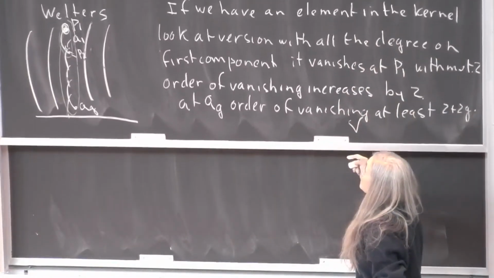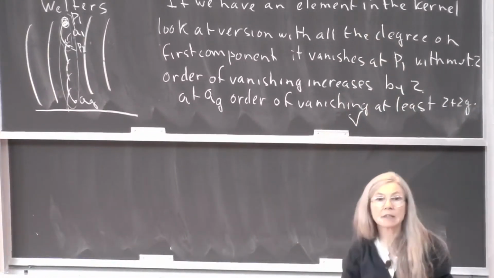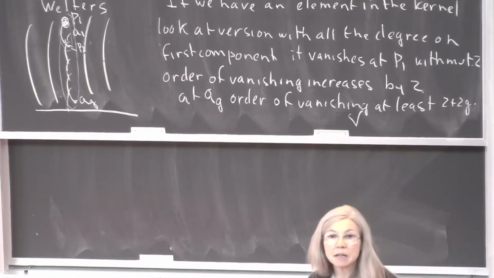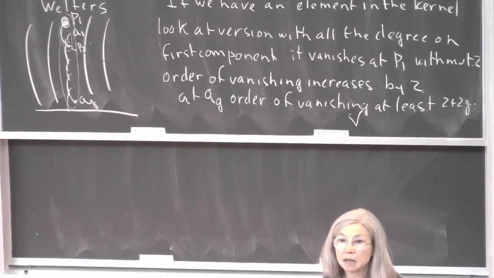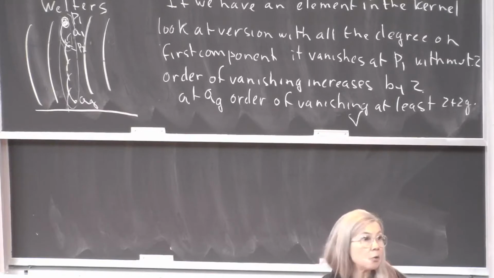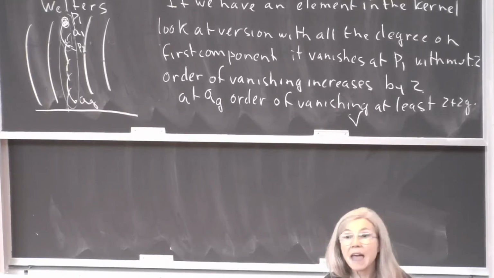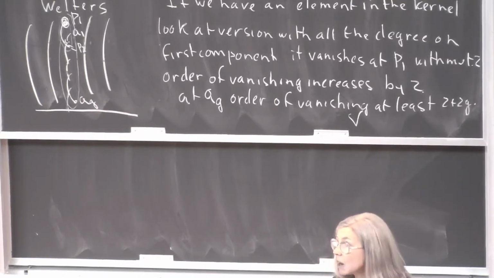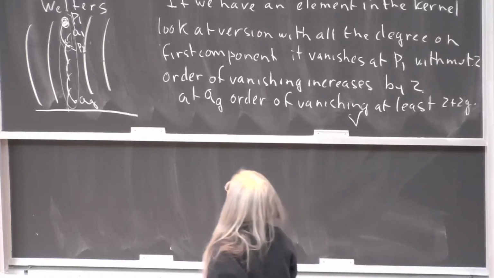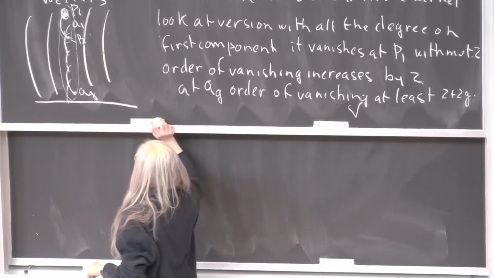Now let's look at how good that bound is. And what I claim is that this bound is as good as it can be. As soon as I take the degree to be at least g plus 2, on any curve I can find line bundles for which the map is no longer injective.